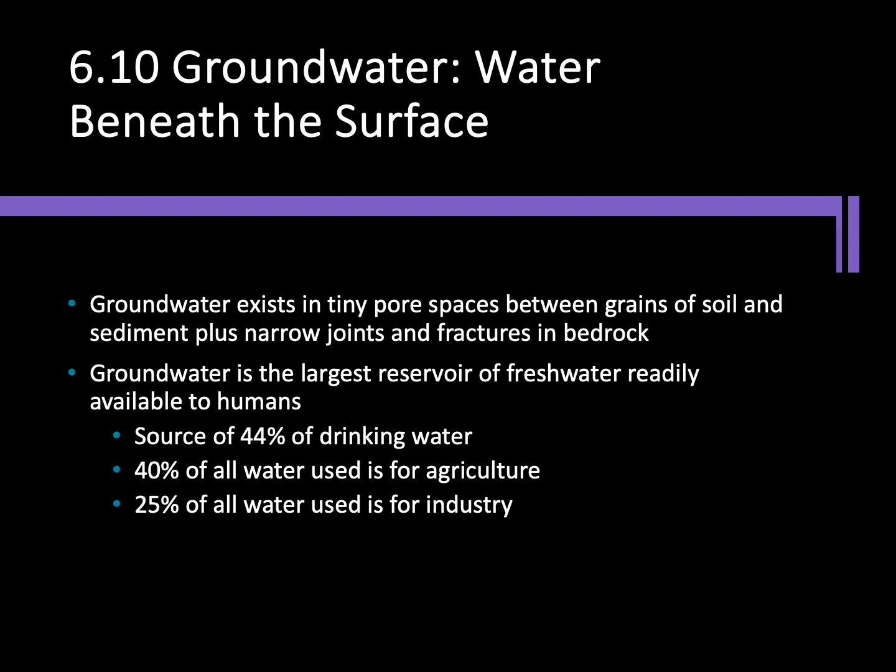So worldwide, about 44% of all of our water needs as humans comes from groundwater alone. And out of all the water that we're taking out of the ground, about 40% of it's used for agriculture to grow our food, and about 25% of it is used for industry needs.